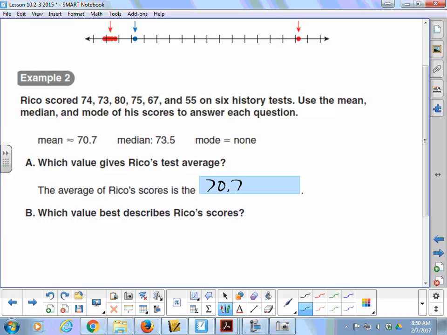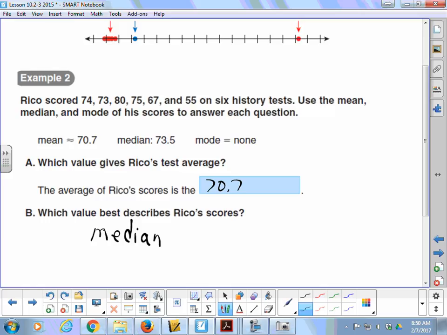So in this case, the median would be a better way to represent Rico's scores than using the mean. Because the outlier 55, being much smaller, is pulling the average down, you'd be better off using the median to describe Rico's scores. So you just need to be careful on those types of problems.